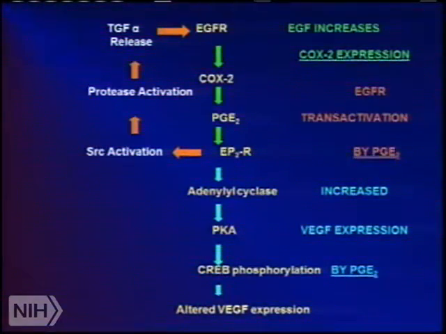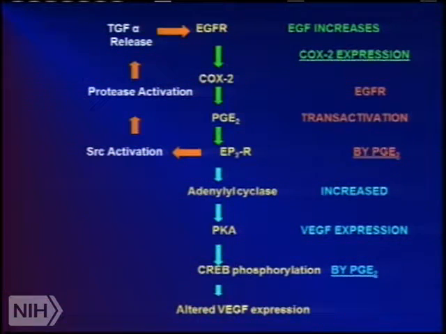We mentioned that when you add EGF to the lung cancer cells, you'll increase COX-2 expression, and then that's going to increase prostaglandin levels, which is then going to interact with the EP2 receptor, the G protein coupled receptor. This is going to stimulate adenylyl cyclase, which is going to activate protein kinase A, which is going to cause phosphorylation of CREB.